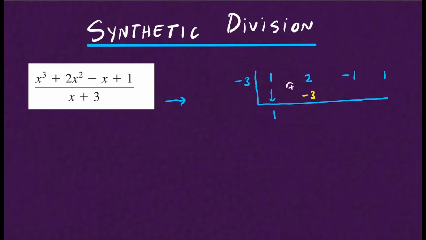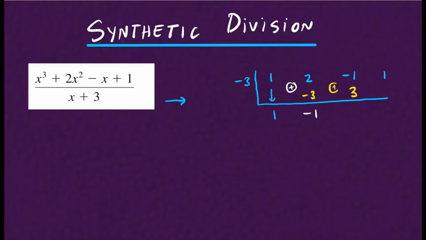So I add up this result, and that's what goes in this space right here. So -3 plus 2, I will have -1. And then you repeat the process. So you take this, multiply by that, and that number goes here. So that will be +3. And then you add them up. And you start to see the pattern: add, multiply, and so on until you get to the last column.